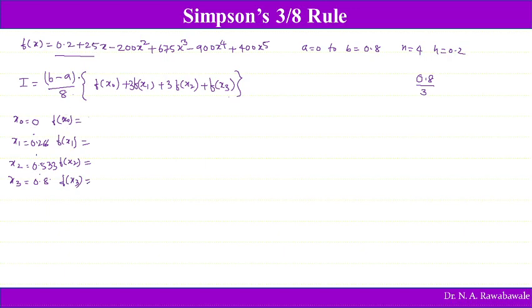So here if we substitute 0, then f of x0 is 0.2. If we substitute 0.26666, this works out to be 1.432724.